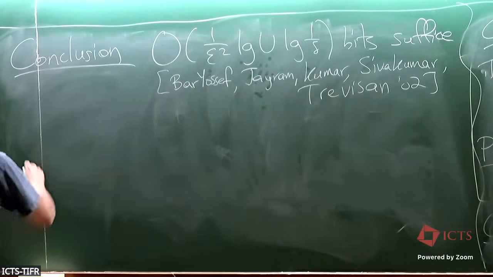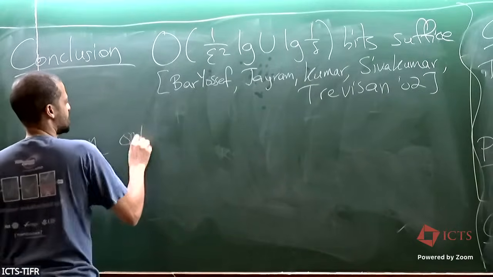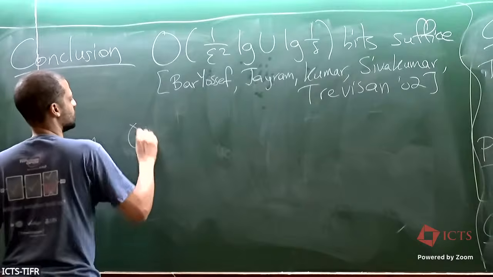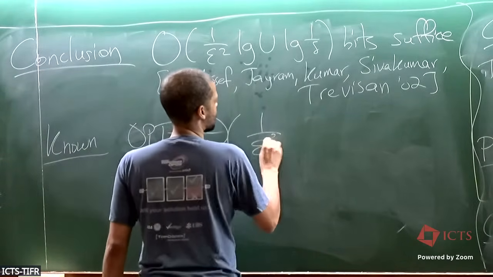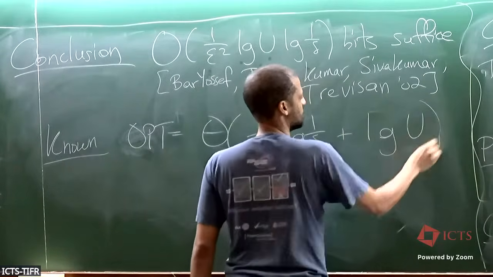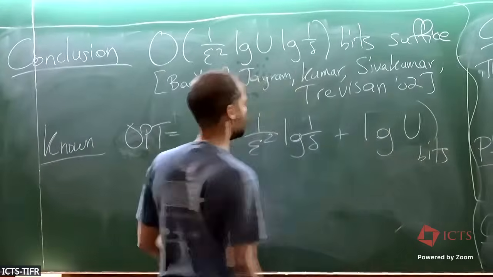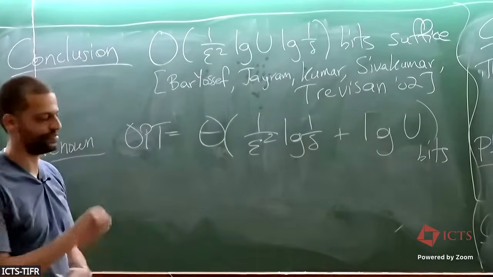And it's known, but I'm not going to show you, that the optimal space is theta of 1 over epsilon squared log 1 over delta plus log u bits. So you can actually get this. The log u doesn't have to multiply. It's a different algorithm.